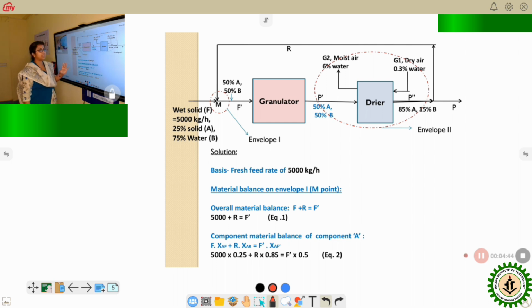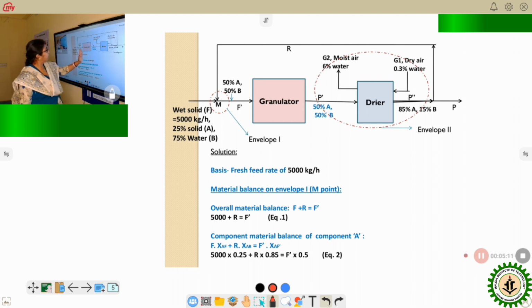Due to granulation, only size reduction occurs. Because only size is changed, no composition is changed and the total mass flow rate is not changed. That means F dash and P dash have the same flow rate and the same compositions. That's why you can write here P dash has the composition 50% A and 50% B.